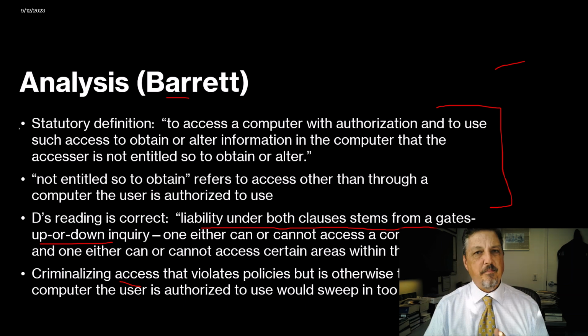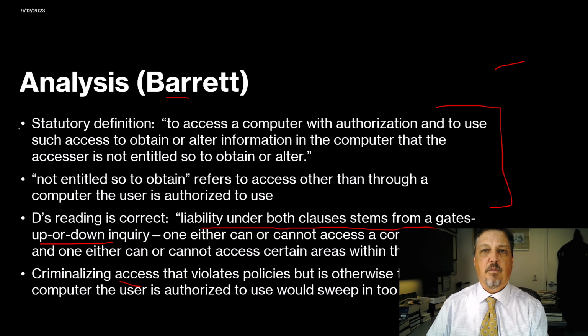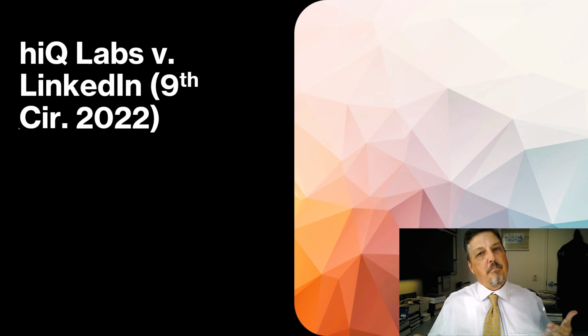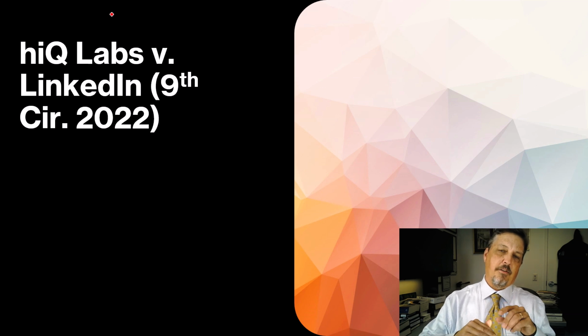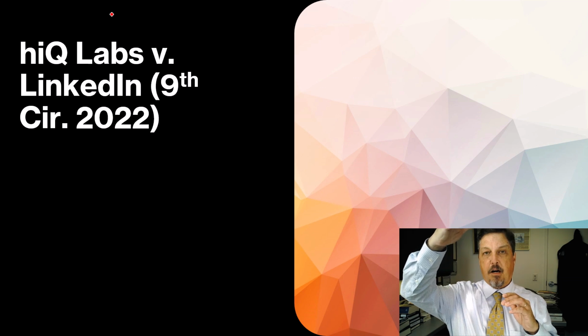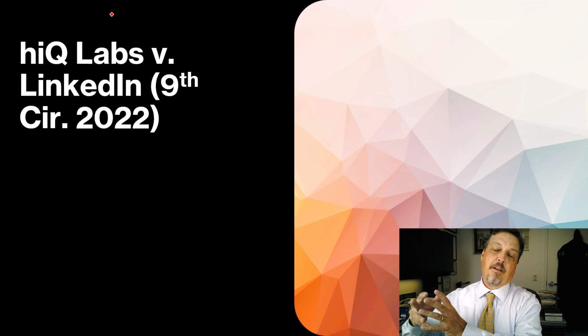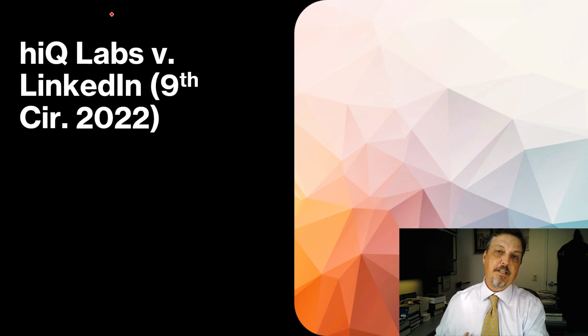Now I said, Van Buren sort of settles this issue, but is it technological or only policy based? But then we get a case like HiQ in the Ninth Circuit, and you'll notice that HiQ, there had been an opinion in the Ninth Circuit. It had actually gone up on certiorari. The court vacated and sent it back down for reconsideration in light of Van Buren.